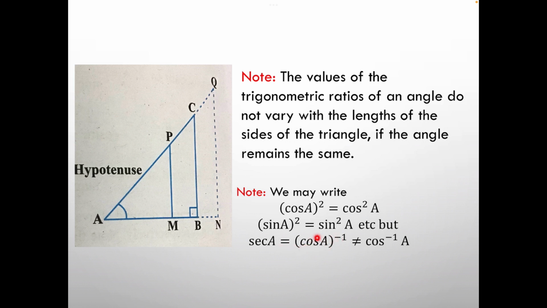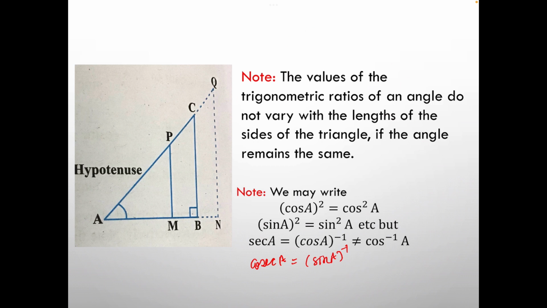You can't write cos inverse A because this has an altogether different meaning. It is a different function. Similarly, cosec A is sine A whole inverse. You can't write sine inverse A. So these are two important things to keep in mind.